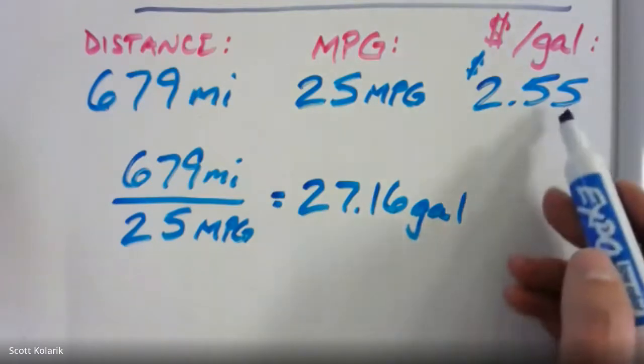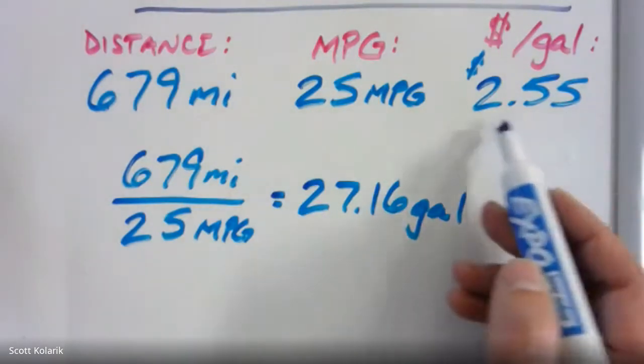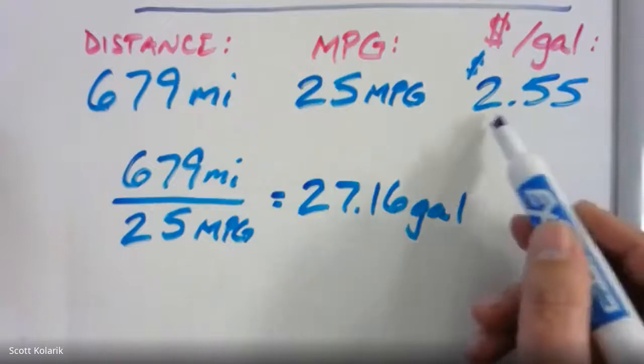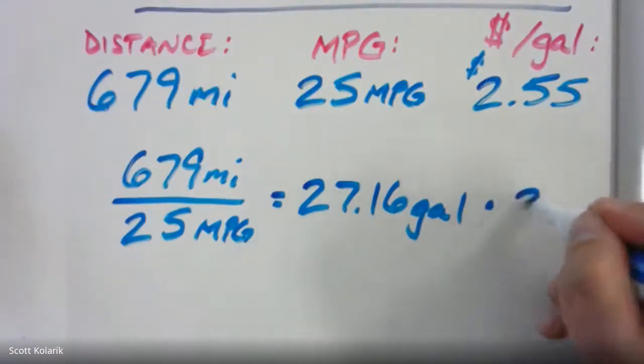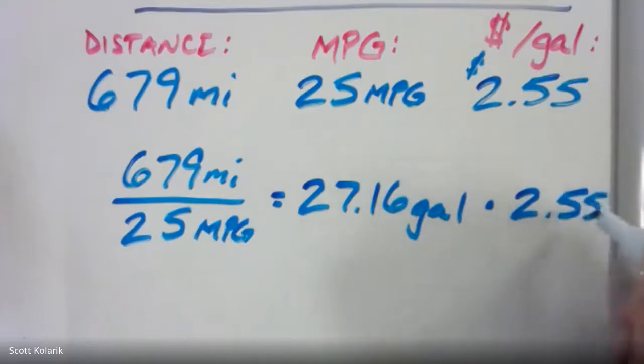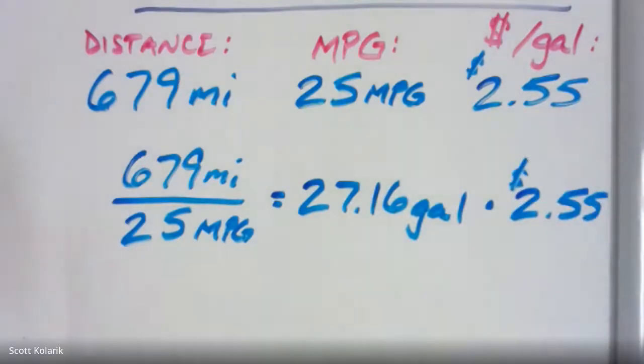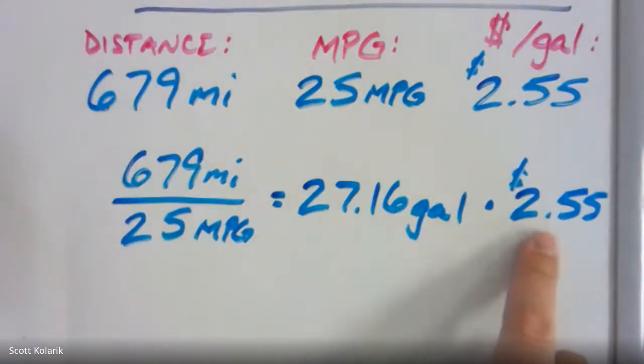Now I'll be multiplying it by my actual price per gallon because this was in gallons. I'm going to take this and multiply it by my cost per gallon. Again, I just found an average price in the middle of that road trip, $2.55 per gallon based on Las Vegas, which was around the midpoint between Mount Timpanogos in Utah and John Wayne Airport here in Southern California.